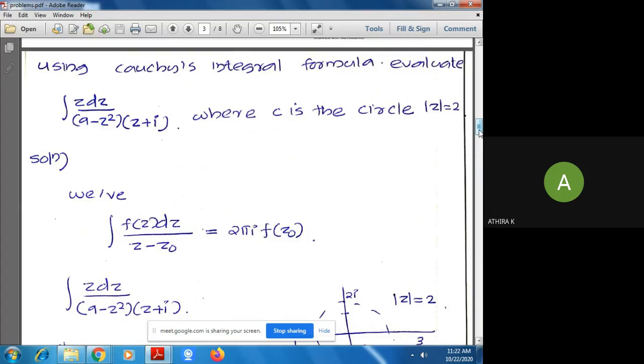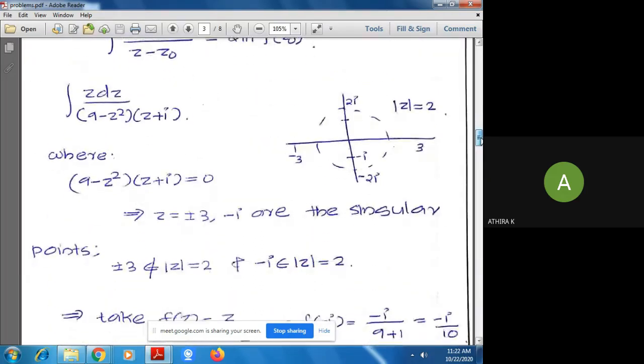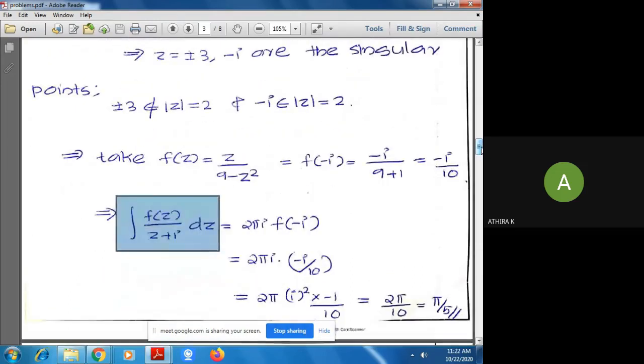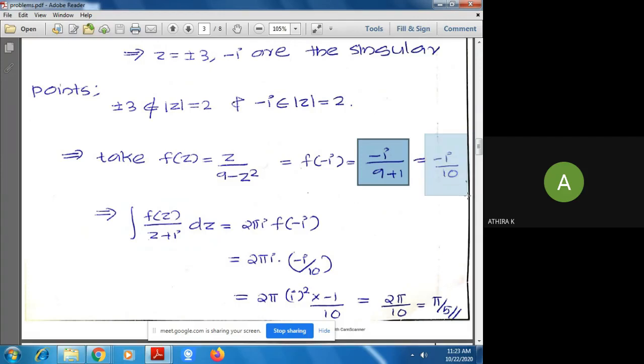So fix z plus I in the denominator of the integral and fix f of z is equal to z divided by 9 minus z square. Now find the value of f of minus I. So substitute minus I for z in f of z, we get minus I divided by 9 plus 1, this is equal to minus I by 10.